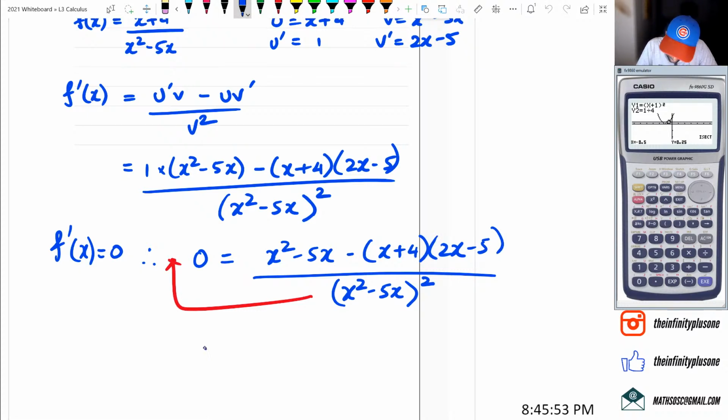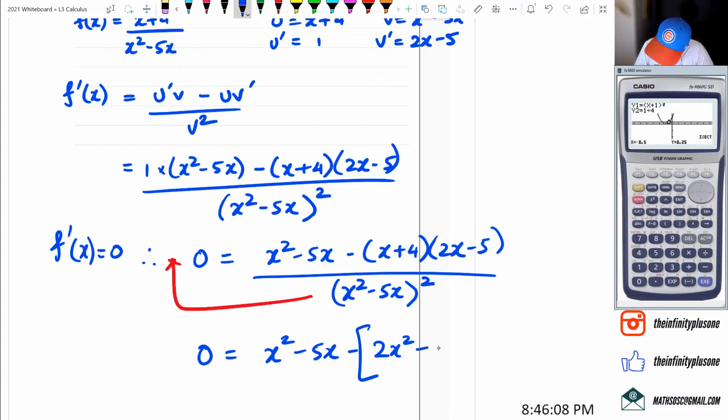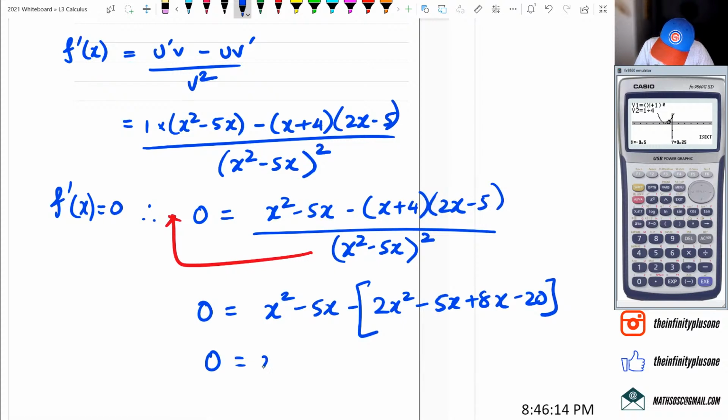So what we've got is 0 is equal to x squared minus 5x minus, now I just need to expand this bracket, but I'm going to make sure I keep the minus out for now. Expanding the bracket inside gives 2x squared minus 5x plus 8x minus 20. So I've got 0 equals x squared minus 5x, still keeping that minus outside, 2x squared plus 3x minus 20.